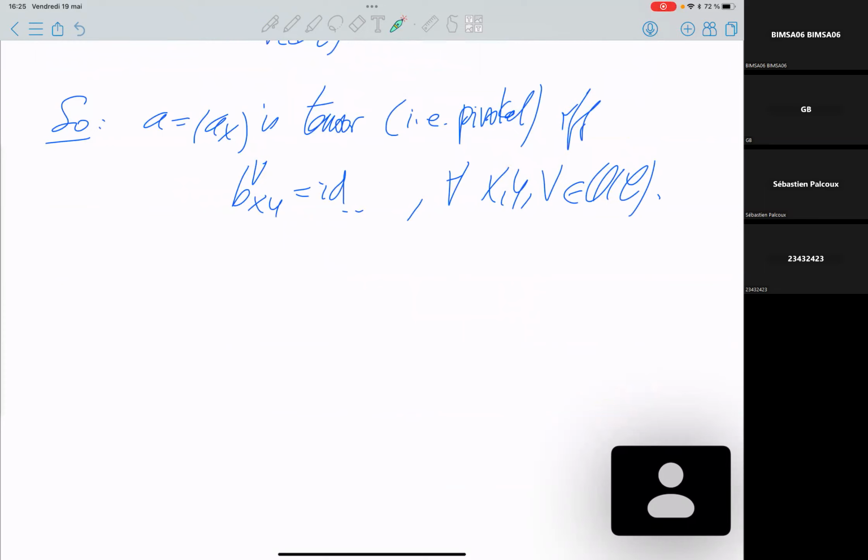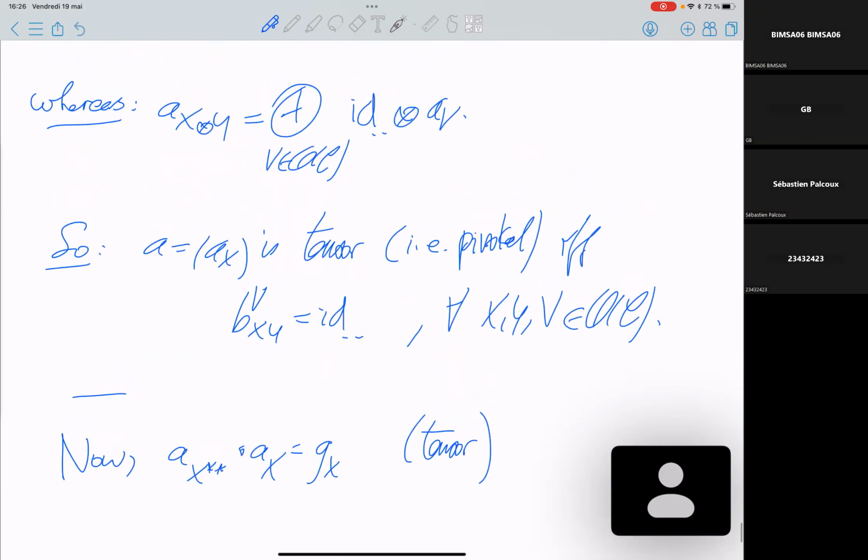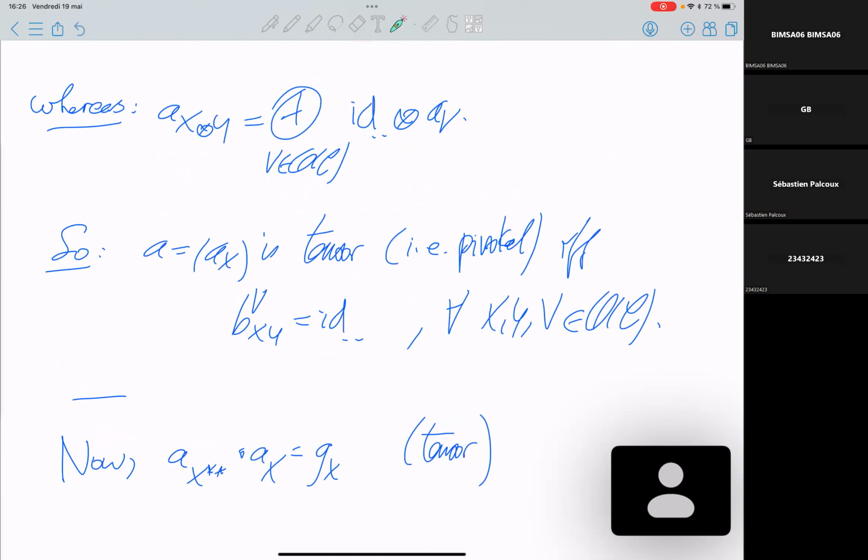Now we considered, in fact, a as a square root of the tensor g. So now a_X double star composed with a_X is g_X, which is tensor. So if you apply what we did before, when you decompose g_{X tensor Y}, you get identity for g_{X tensor Y}.